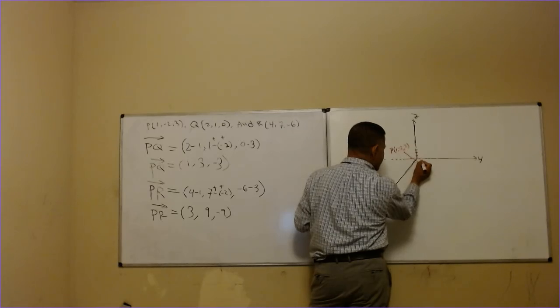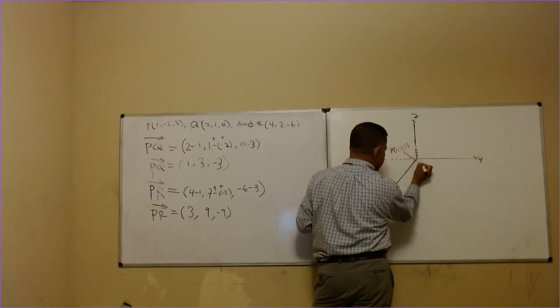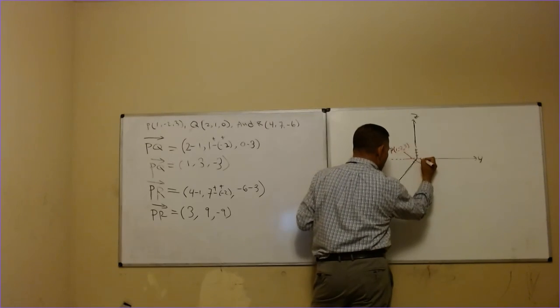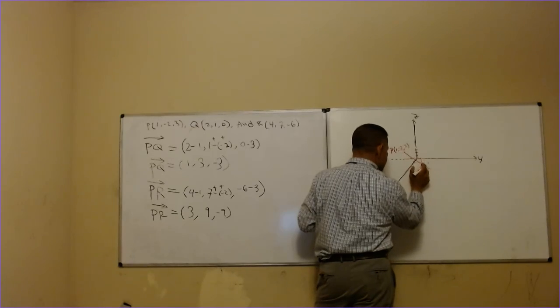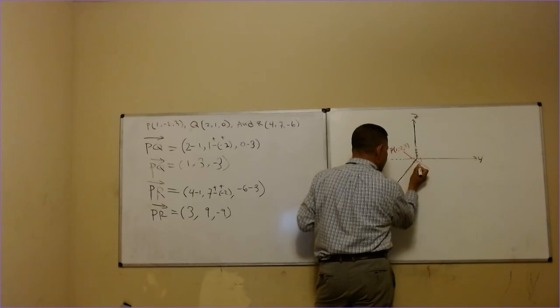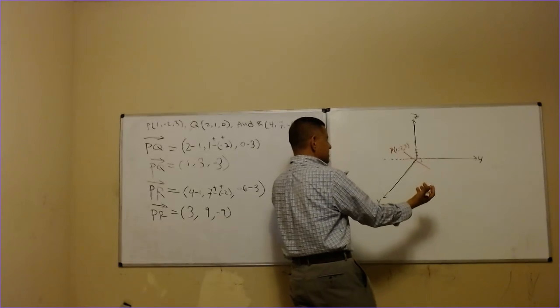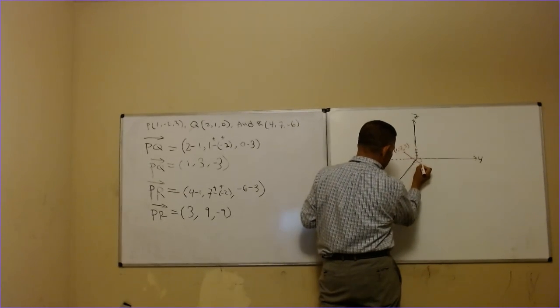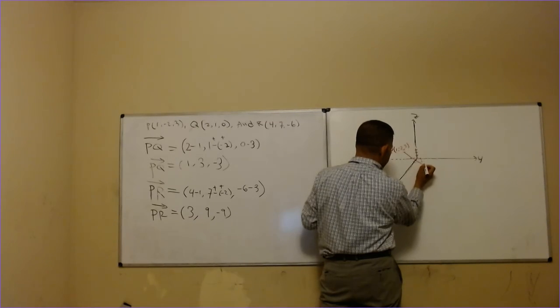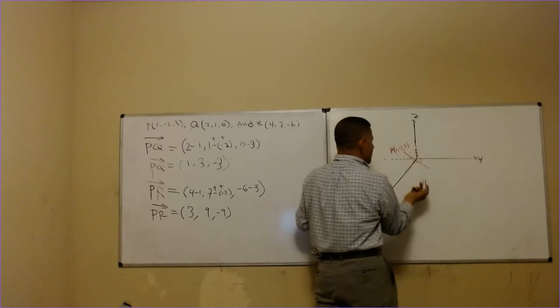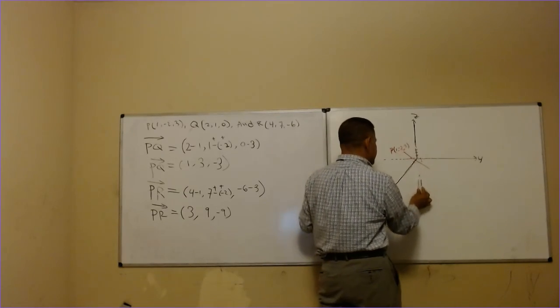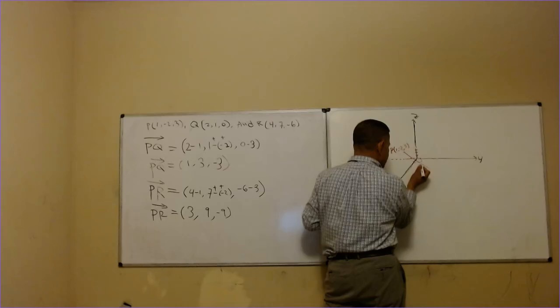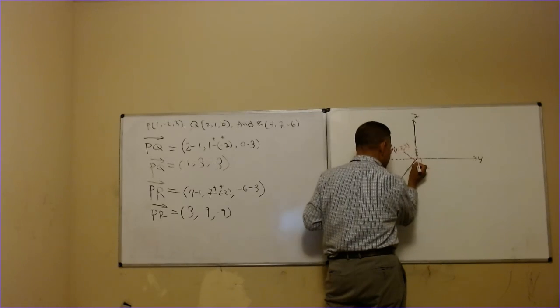Because Y equals 1 is here. Where is Z equals 0? I go to Y equal to 1, then from Y, I go to Z. Z is at the origin, Z is 0. That's why this is point Q. I hope that makes sense.